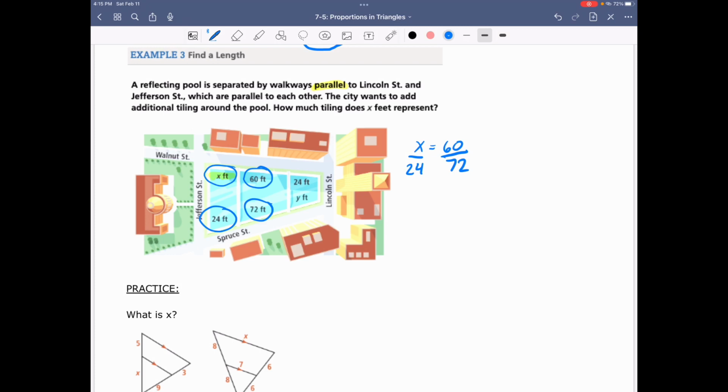Now we'll take out our calculators and we will cross multiply and then divide by 72. So 60 times 24 divided by 72 equals 20. So X equals 20. And we should put our units. Feet. 20 feet.